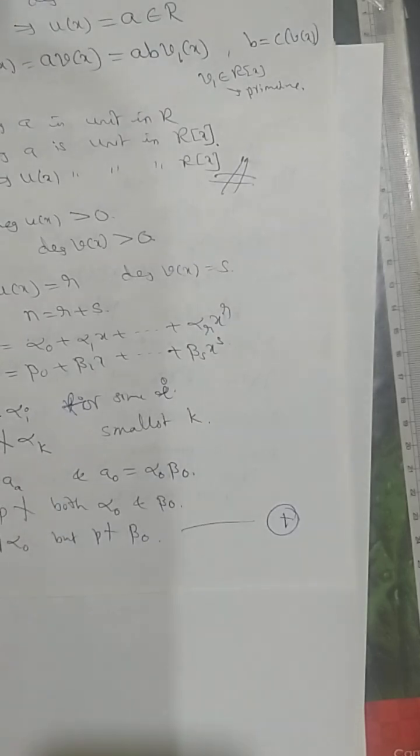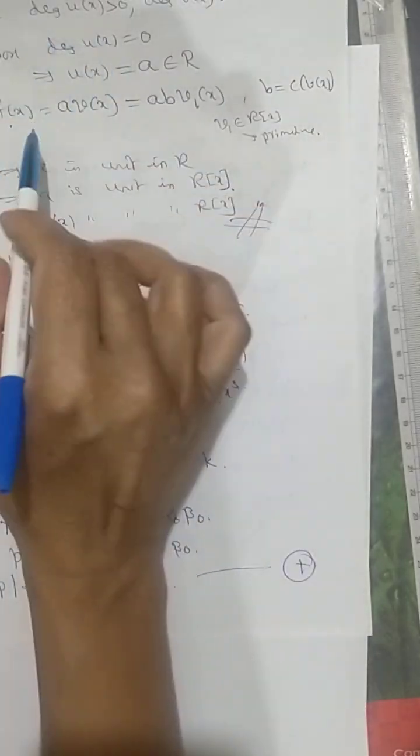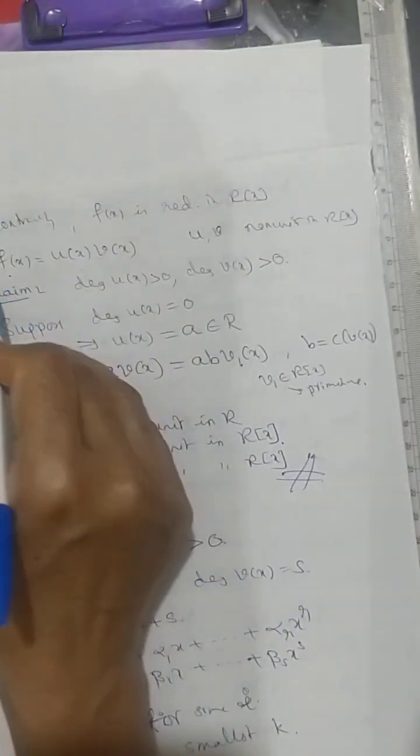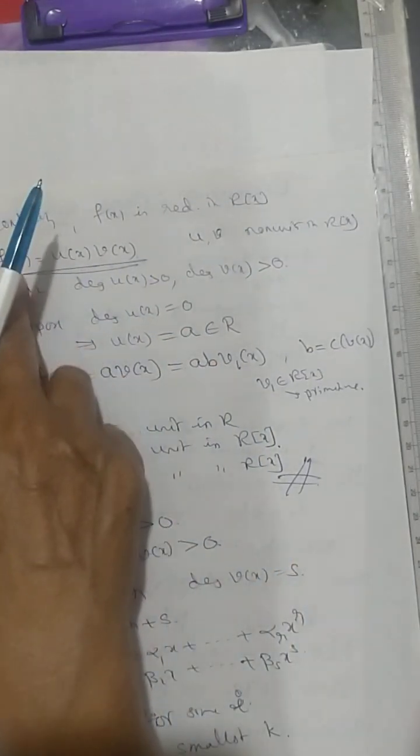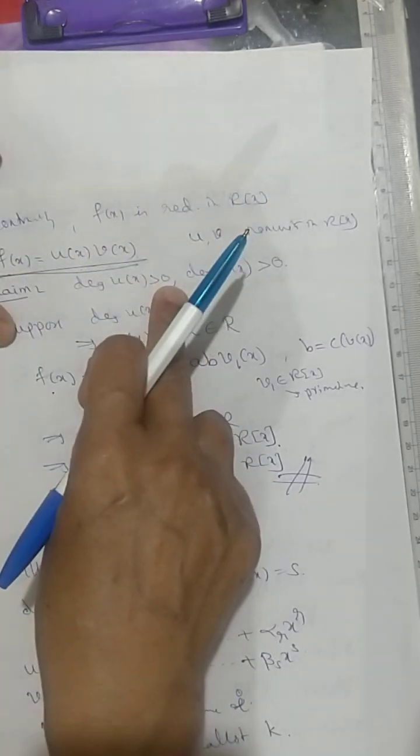Now consider f(x) = u(x) v(x), and let us equate the coefficients of x^k on both sides. What is the coefficient of x^k on the left hand side for f(x)?